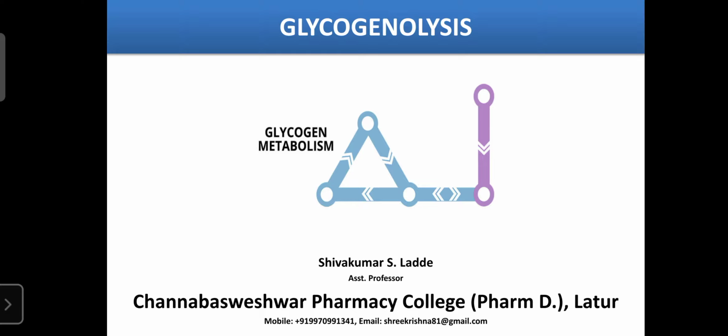So during starvation or an emergency, glycogen can immediately undergo glycogen metabolism, or glycogenolysis. Then it can release a glucose 1 phosphate molecule.